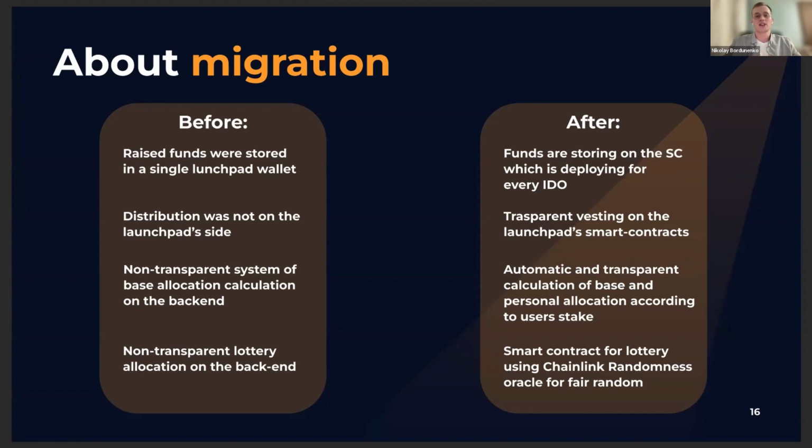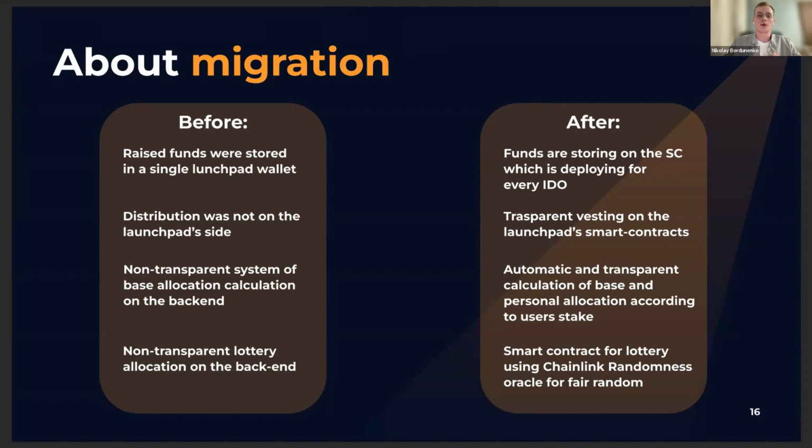Before migrating, owners of the IDO distributed tokens by themselves through airdrops using multi-senders. After migration, users are able to see the amount of tokens on the smart contract and claim it according to the vesting schedule by themselves.